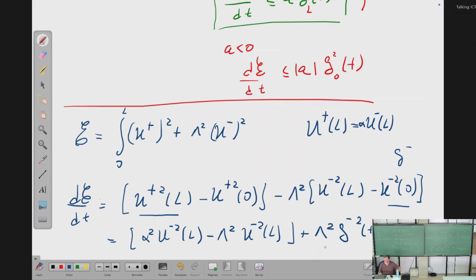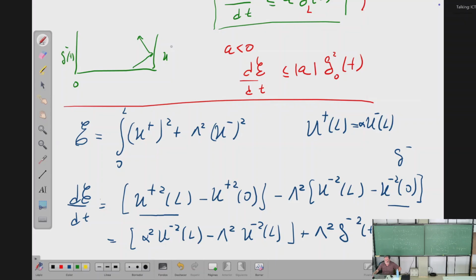Here we are given g minus of t, and here we are saying that the incoming wave is proportional to the outgoing wave.